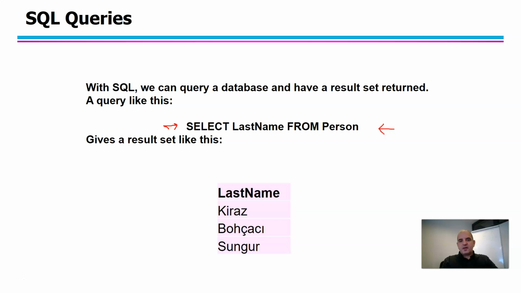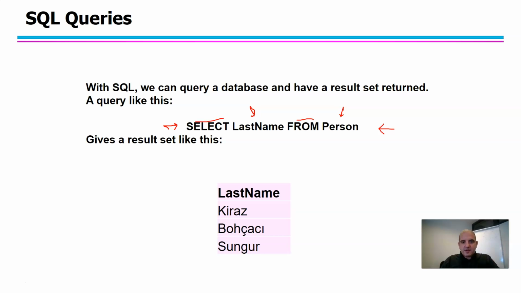Person is the name of the table. As you can see, last name is a column name. And select and from are the standard SQL commands. So you bring together some keywords and the table-specific data, and you can write your SQL statement.